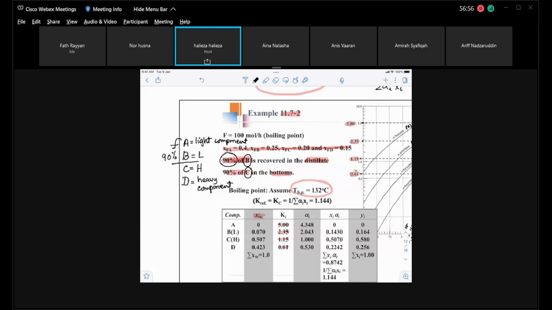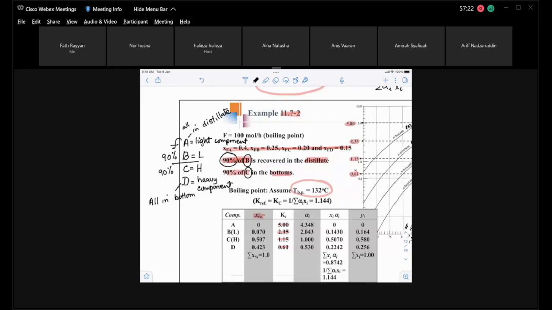So all of A will be in the distillate. And 90% of C will be in the bottom. And you will assume all of D will be in the bottom.